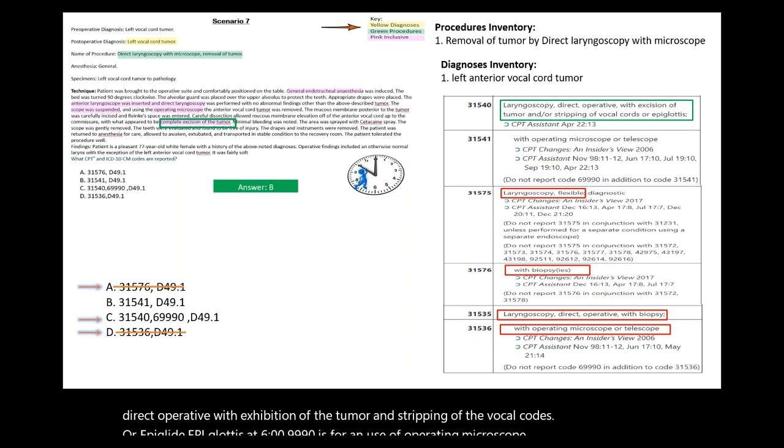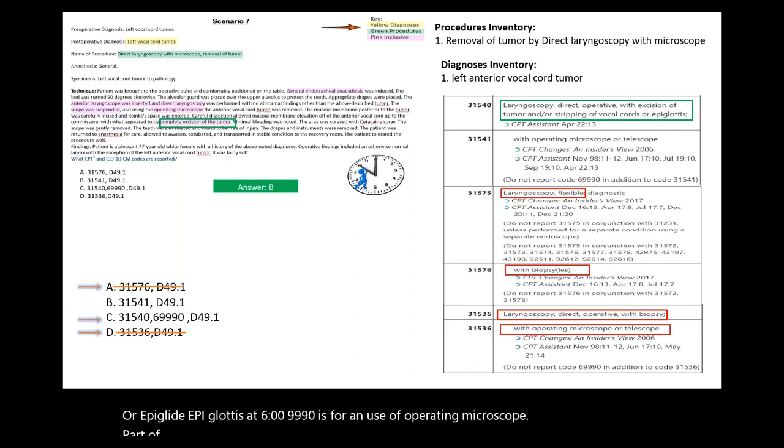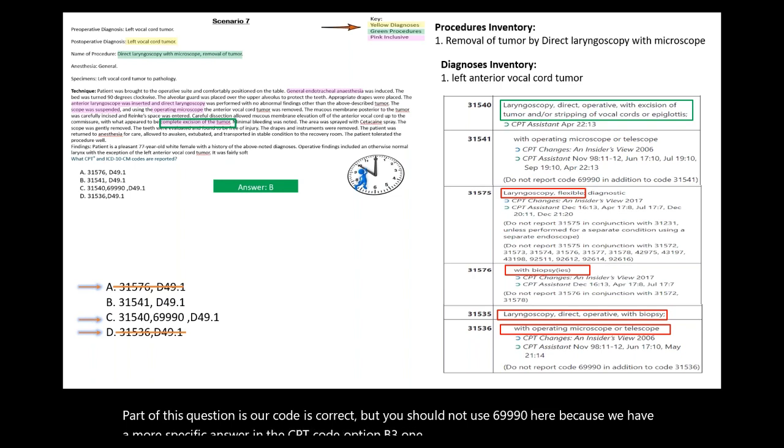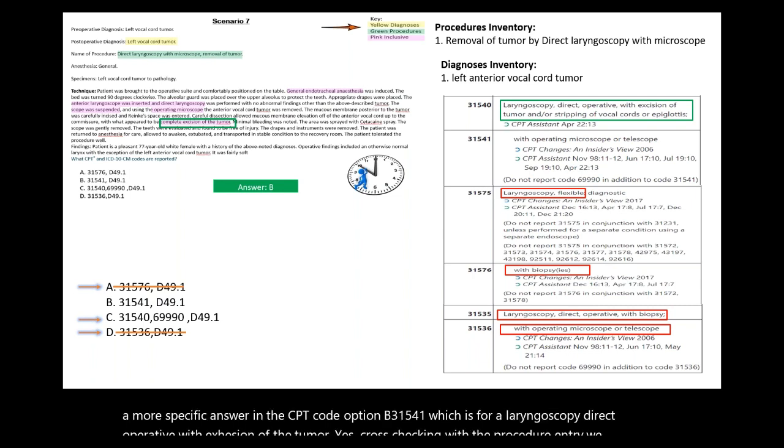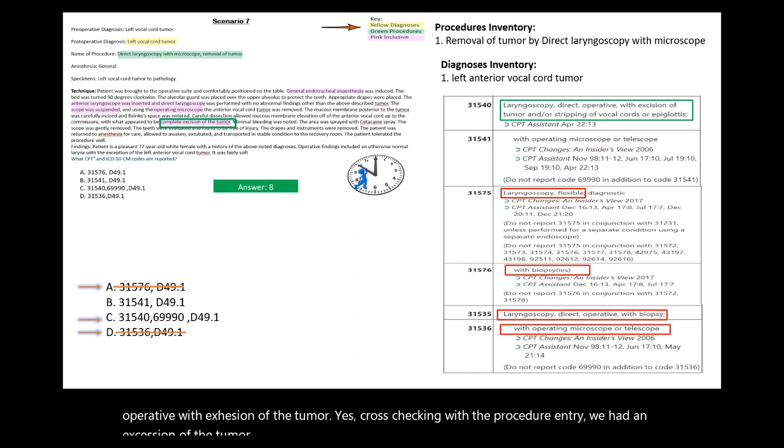Part of this is correct, but we should not use 69990 here, because we have a more specific CPT code in option B, 31541, which is for laryngoscopy direct operative with excision of tumor. Cross-checking with the procedure inventory, we had an excision of the tumor performed and an operating microscope was also used.